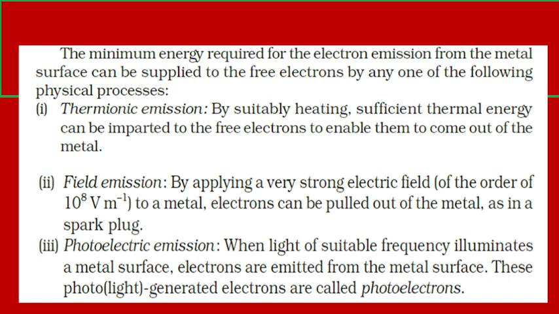Then field emission, by applying a very strong electric field of the order of 10 to the power of 8 volt per meter. And third is photoelectric emission, by illuminating the surface with light of suitable frequency. And these light generated electrons, photo generated electrons, are called photoelectrons.